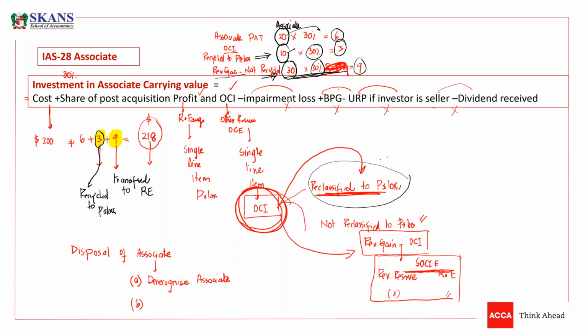So what is the profit on disposal? Someone is asking me. That actually depends on how you have disposed this associate. Just take an example, just to make it further clear. Just assume that we sold all shareholding in associate for, give me a value, guys.